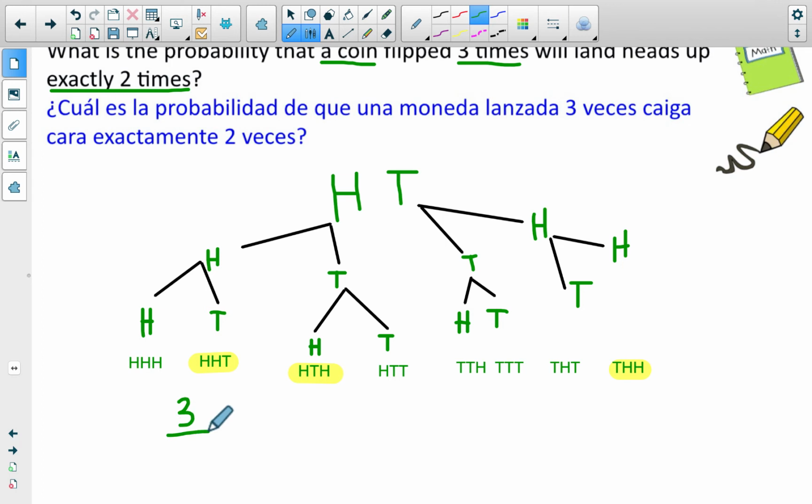So that is a probability of 3/8, which is equivalent to 375 thousandths, which is equivalent to 37.5%. So that is an unlikely representation because that value is less than 50%. It's not impossible because it's not 0 though.